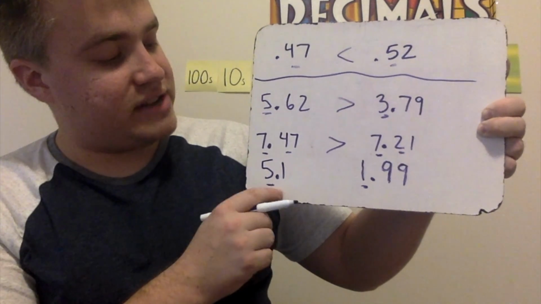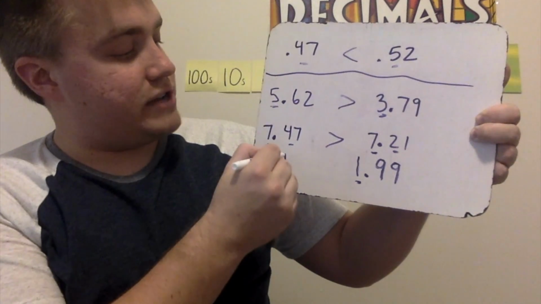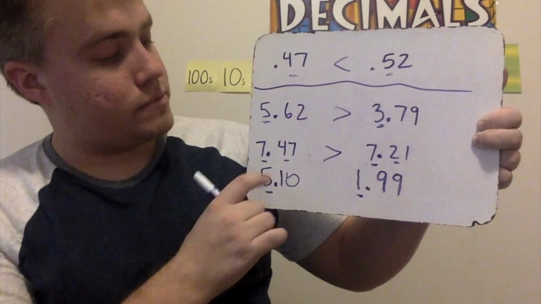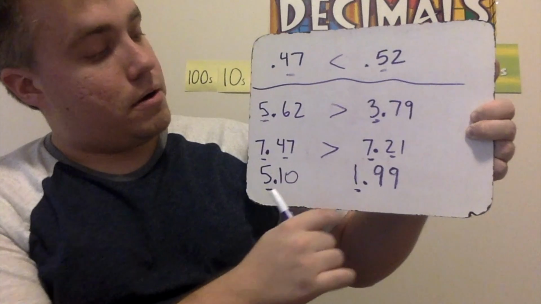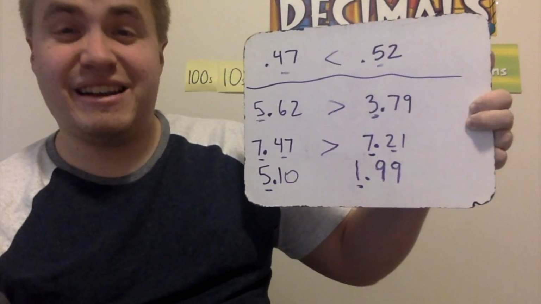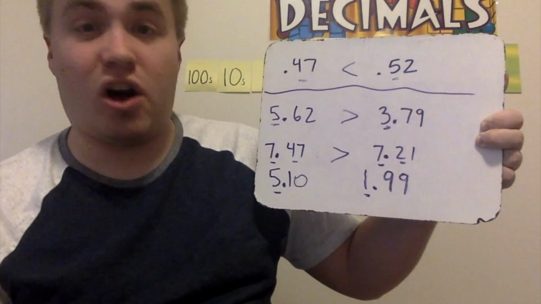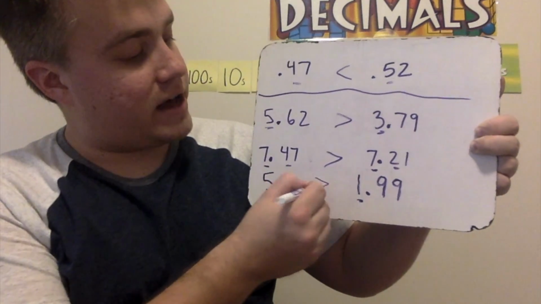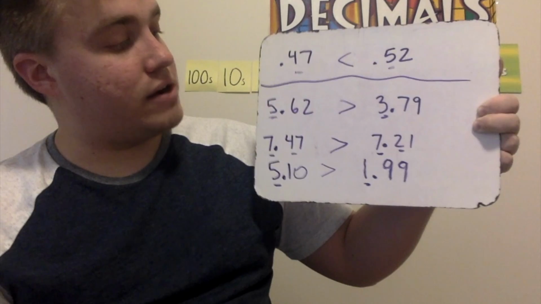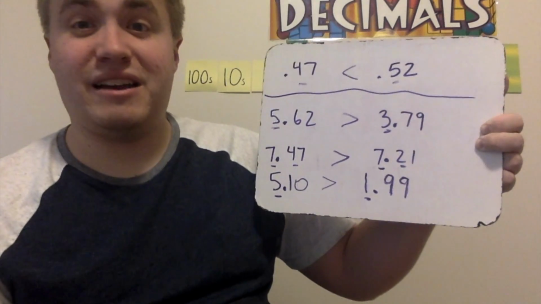But you could also think of this as $5.10 here, compared to my $1.99. Of course, $5.10 is bigger than $1.99. So 5 and 1/10 is greater than 1 and 99 hundredths.